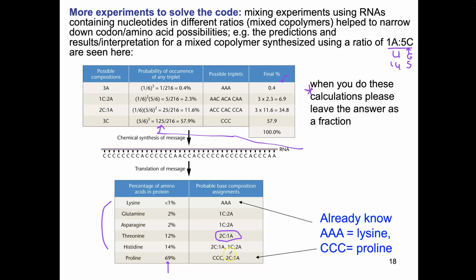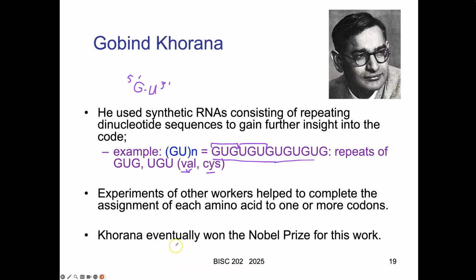But then if you knew, for example, that a codon was most likely 1 G and 2 U's, and then from here you realized that you had valine and cysteine here, and you already had decided that cysteine should have 1 G and 2 U's, then you can pin it down that this is going to be the right codon.